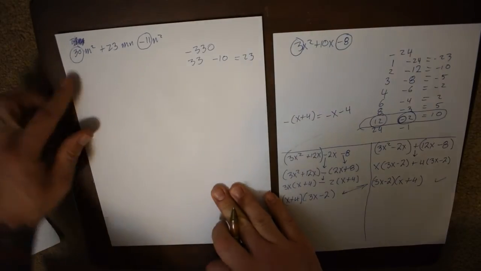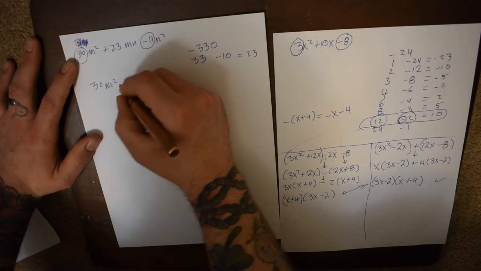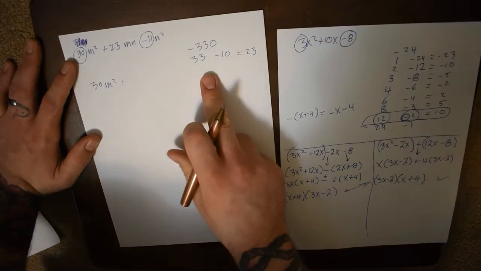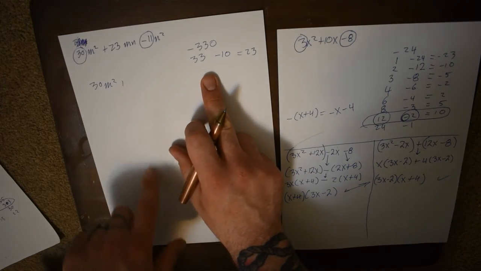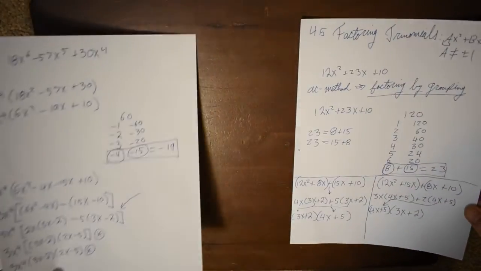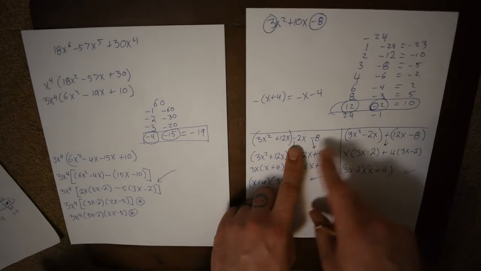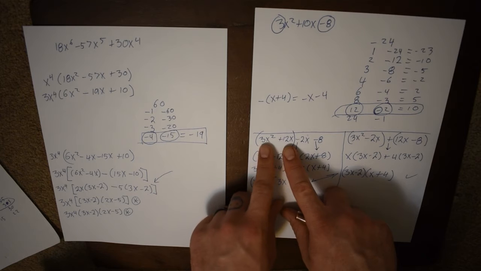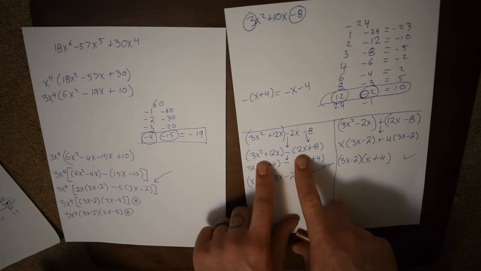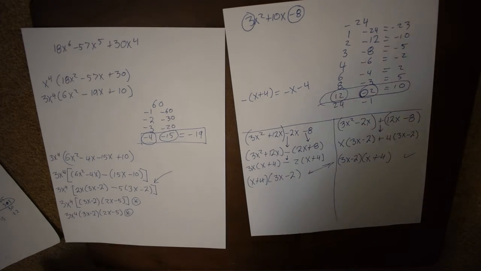So we can rewrite 30m squared plus, this is going to be a lot like this example, how we could write it one way where there's a minus sign in between these two terms, and another way where there was a plus sign in between those two terms.